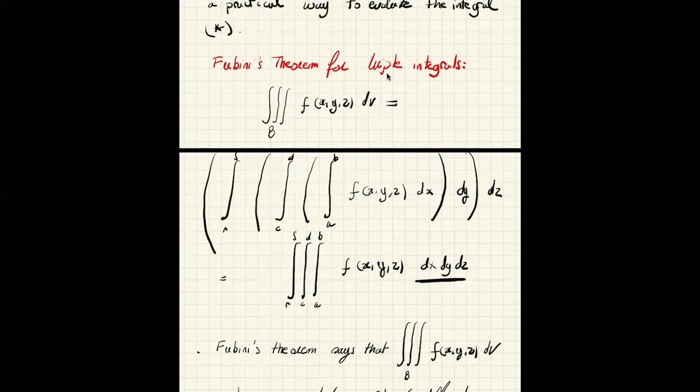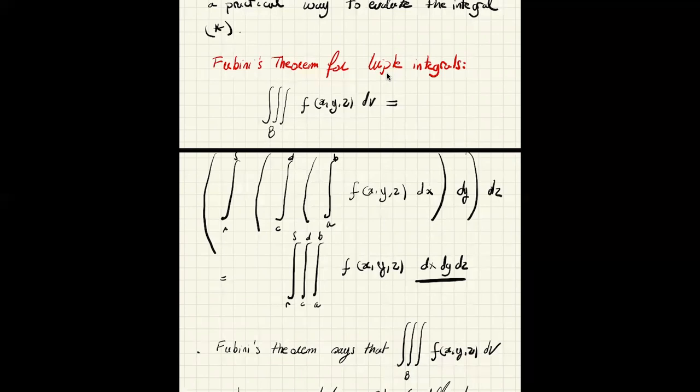But for our practical uses, it says that the triple integral exists and it can be computed as an iterated integral, starting with whatever order you want to choose, dx, dy, dz, or the other way around, dy, dx, dz. Just make sure that the limits of integration are consistent with your choice, and that's it.